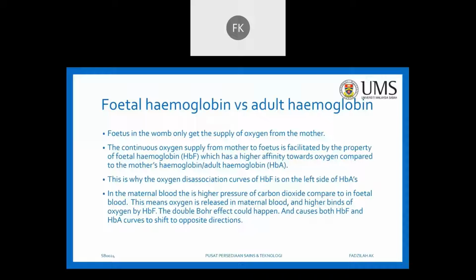This means oxygen is released in the maternal blood and there is higher binding of oxygen by fetal hemoglobin. The double Bohr effect could happen and causes both HbF and HbA curves to shift in the opposite direction. Okay.